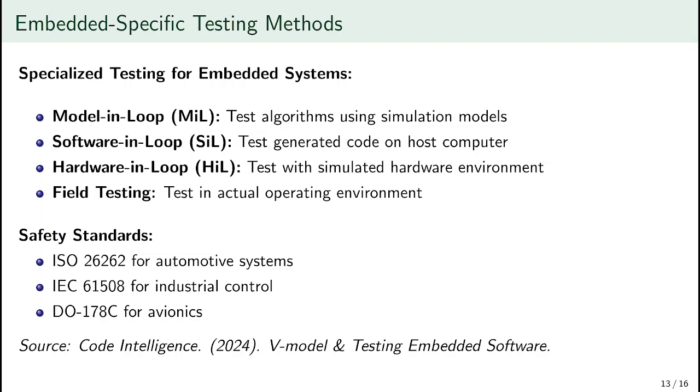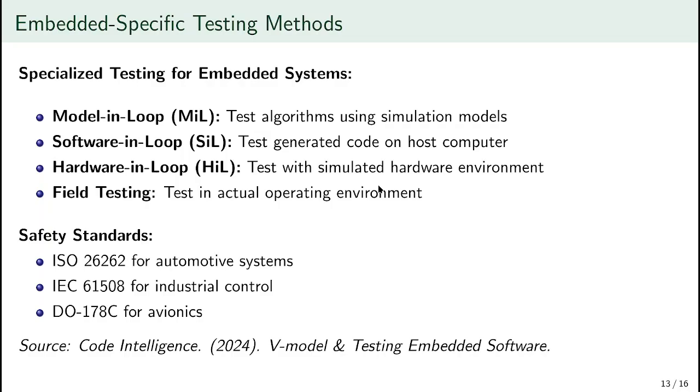So here are some specific testing methods. Specialized testing for embedded systems. Model in loop, or MIL, tests algorithms in simulation. Software in loop tests generated code on a host computer. Hardware in loop tests with a simulated hardware environment.